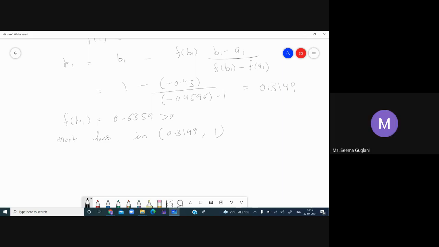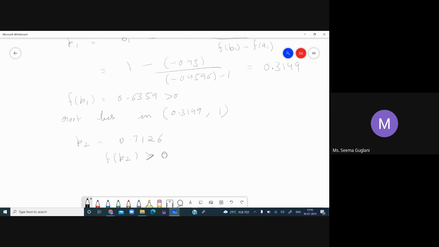Again, similarly, you have to now find out P2. You know your new A2 and B2. Substituting the values in the above formula, it comes out to be 0.7126. You can check the calculation. Then f of P2 comes out to be positive. It means now the root will lie in which interval? P2 to B2.